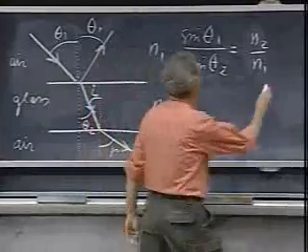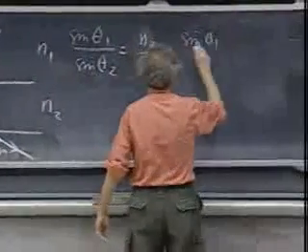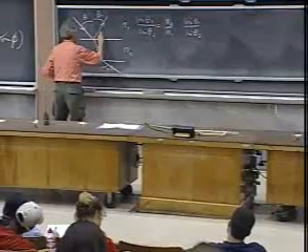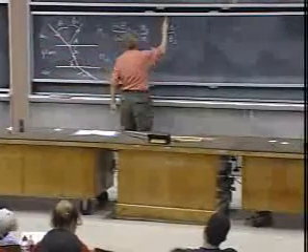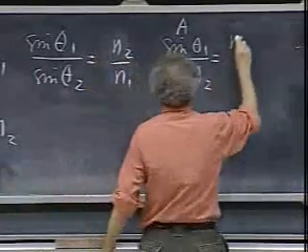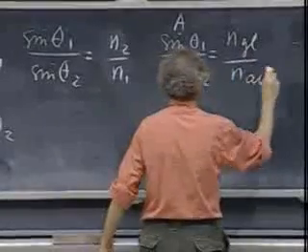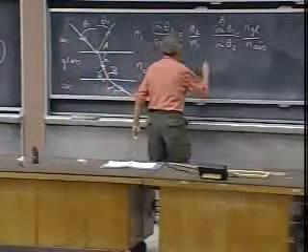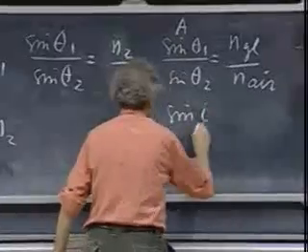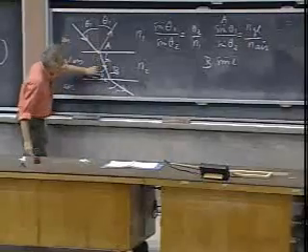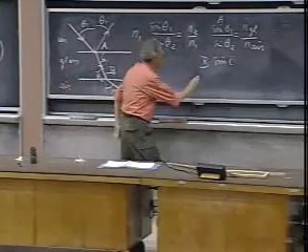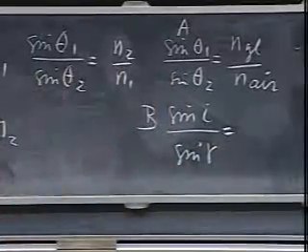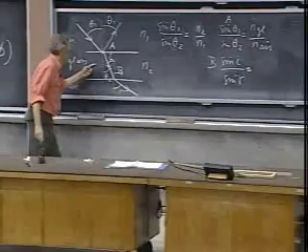You can easily see that because the sine of theta 1 divided by the sine of theta 2 at this transition at point A would be n of glass divided by n of air. And now we come to this point B. At point B, we get the sine of this angle of incidence I, which we know is theta 2, that's obvious, divided by the sine of R, is now the one where we're going to, which is air, divided by the one where we were.